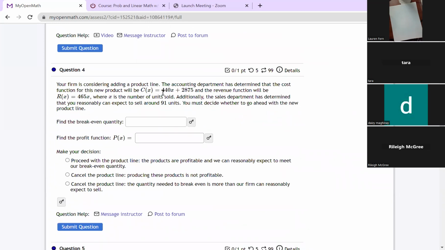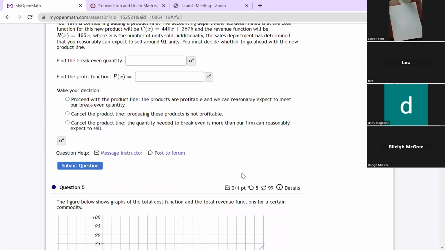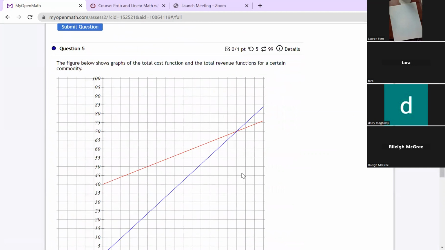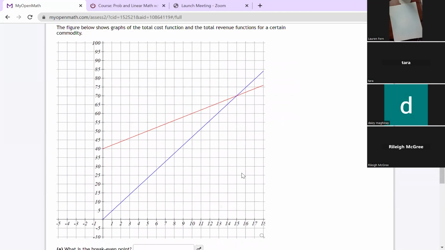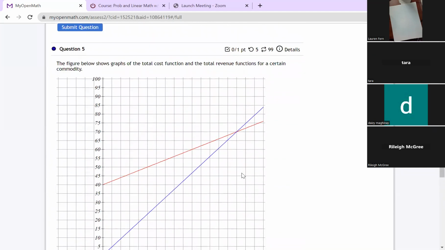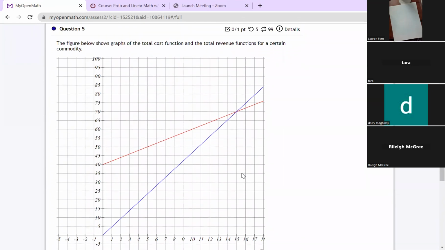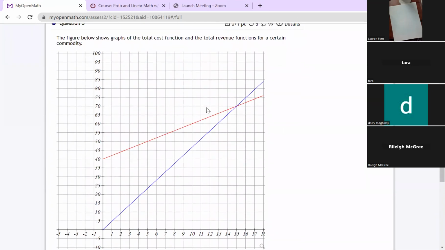In this next one, this is like the first example I did today. You're given your cost, you're given your revenue, and they want you to find your profit function and the break-even quantity. Here, you're given the equation. The red one is going to be your cost function.